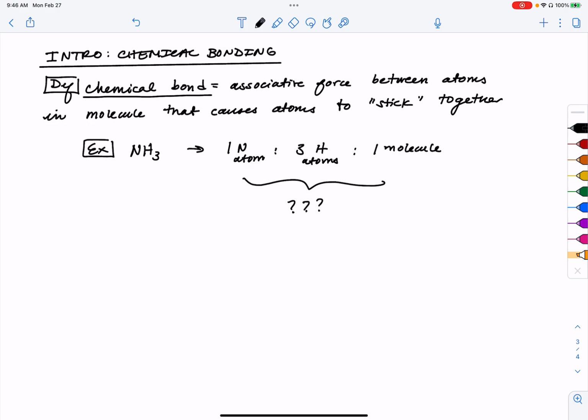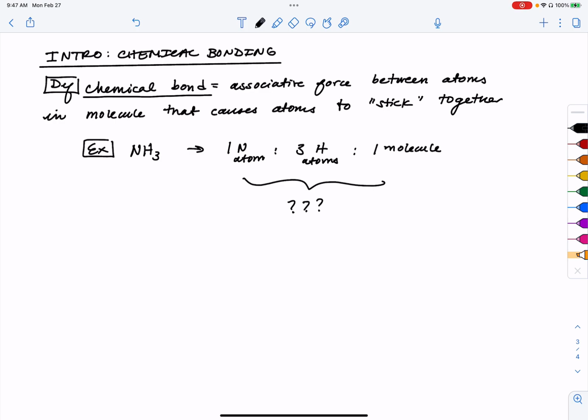How is it that I know that there's an association between these 4 atoms? Is it that I've got a hydrogen bonded to a hydrogen? Is it that I've got a nitrogen bonded to a hydrogen? Is it that I've got a nitrogen bonded to all 3? What is it that is causing all of these atoms to stick together to form this molecule, ammonia?